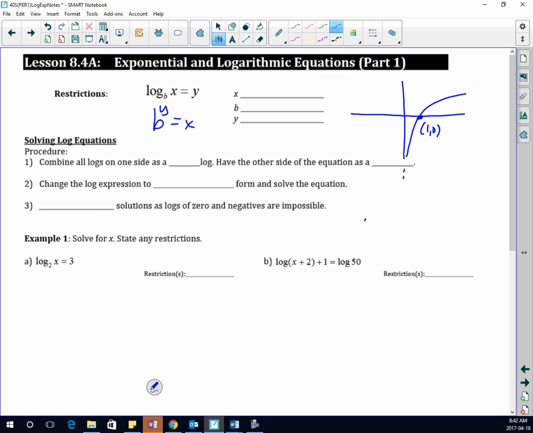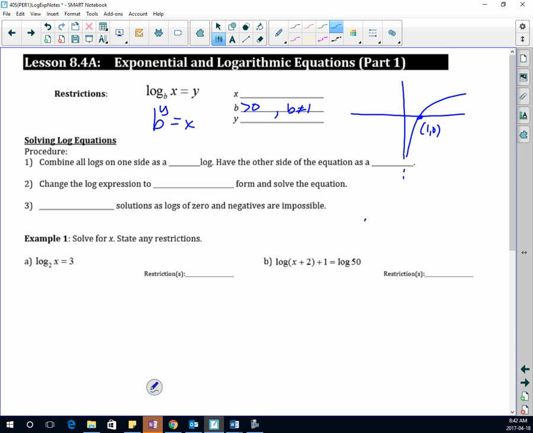Do we have negatives? Can't be negative. Oh, but we can have fractions. So I'm going to take it as it has to be greater than 0, but not equal to 1. Do you see what I'm saying? It has to be positive.